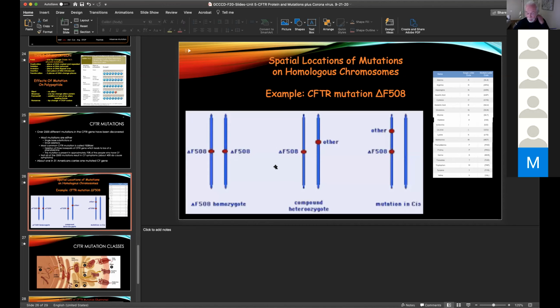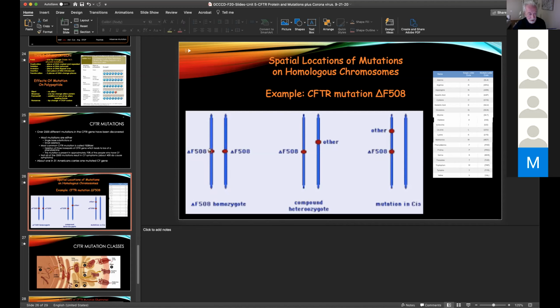I included this just to illustrate visually how this can happen. These 2 blue lines are the 2 chromosomes, chromosome 7, with a mutation on each of them, deletion F508, and it's the same deletion in both. So you got one of these from the father, one from the mother.